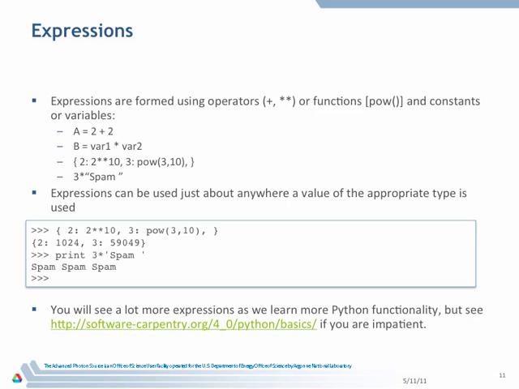I can stick expressions into other types of object creation. So here I've created a dictionary and I've defined 2 as 2 to the 10th. And I've done the same sort of thing, except I've used the power function, which does exactly the same thing. And I've said 3 is 3 to the 10th.